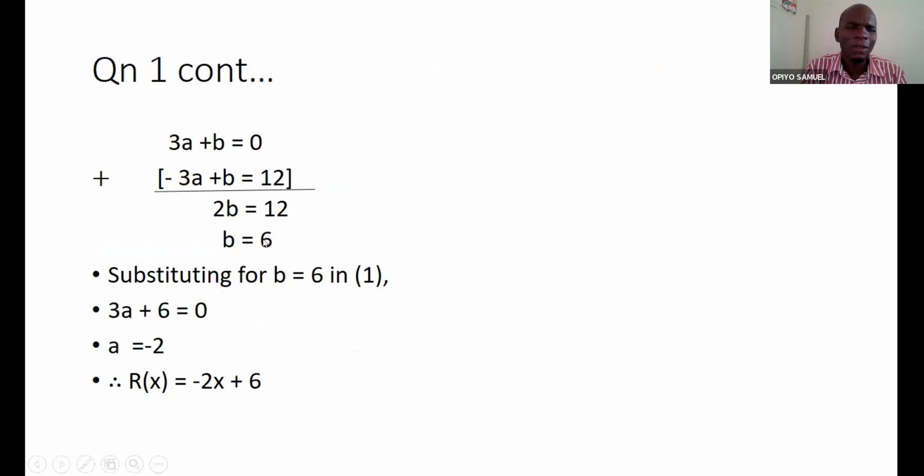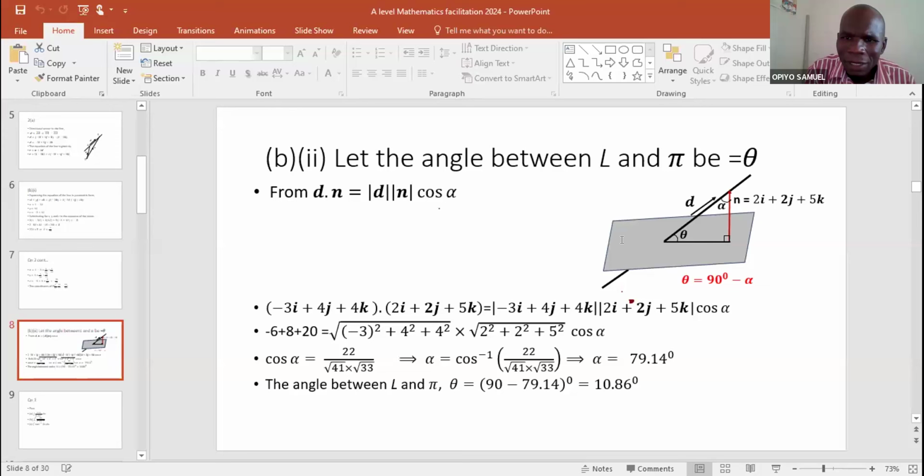Now, from the orientation, I hope the diagram is visible enough. We have the line L, which is this, then the plane is there. From the line we have the direction vector, then from the plane we can get the normal vector.